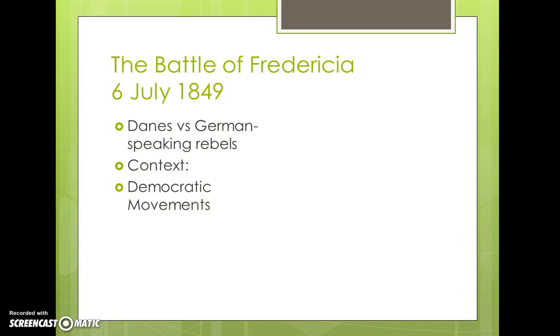This was a time when democratic movements swept across Europe. There had been, well, once again, a revolution in France. The German-speaking rebels wanted, amongst other things, democracy in their provinces in southern Denmark. And just 1 month before this battle, Denmark had actually achieved its first more or less democratic constitution.